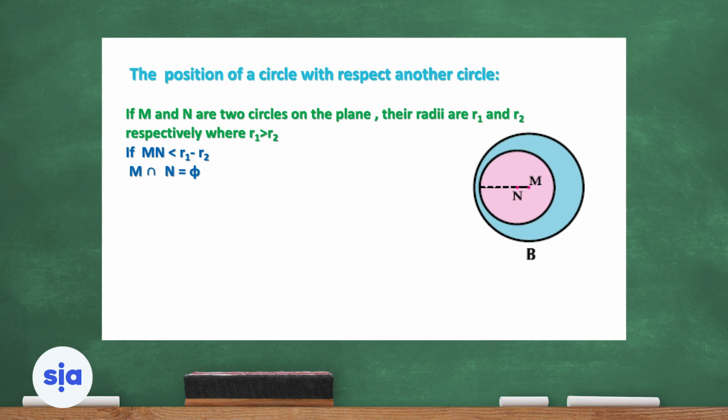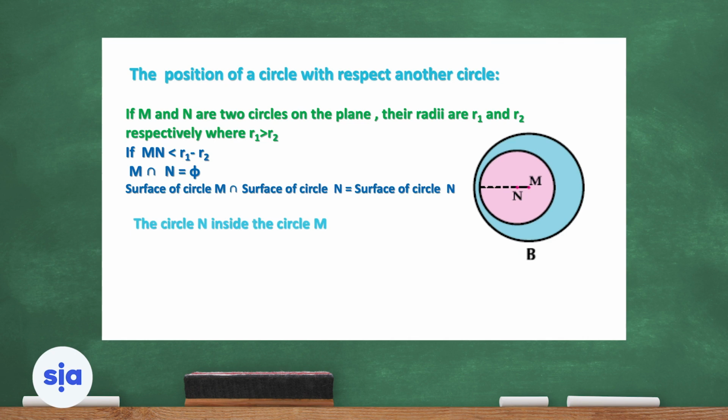So M intersects N equals phi, where the surface of circle M intersects the surface of circle N at the surface of circle N. So here in this case, circle N is inside circle M with no touching at all.